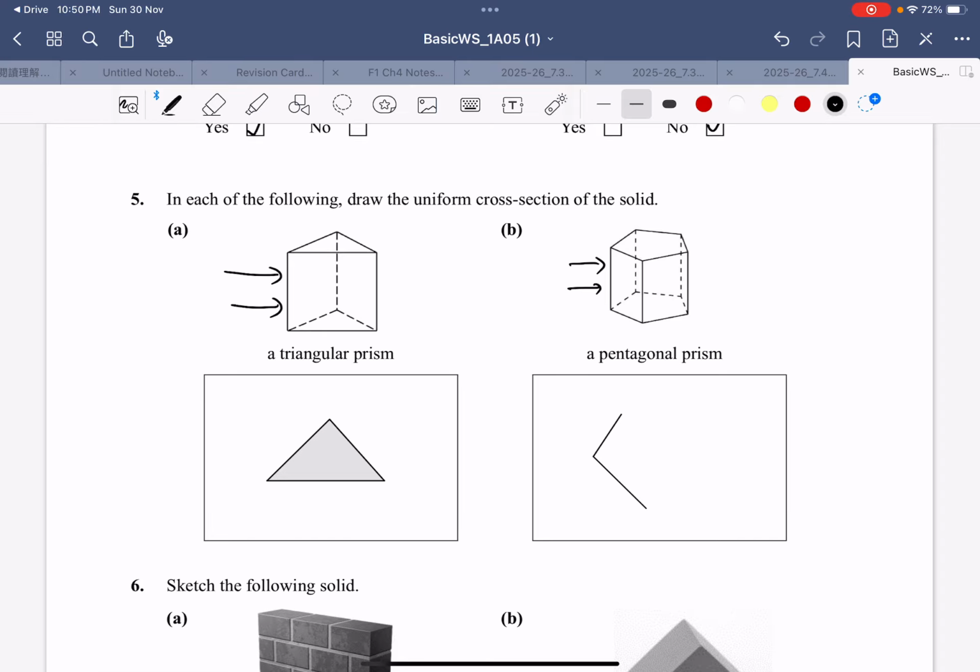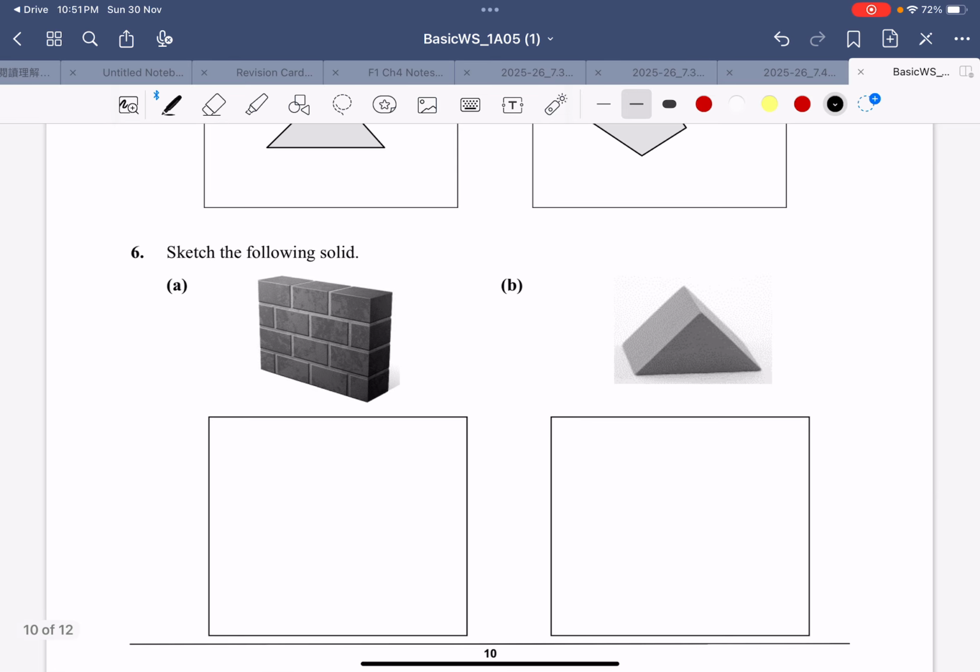Okay, try to draw it better. Quite difficult, okay, but you know what I'm drawing.